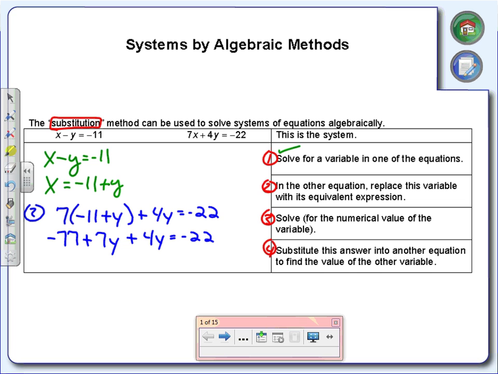Notice we can combine those y's together. If I put a 7y plus 4y together, that gives me how many y's? 11 y's. So I got a negative 77 plus 11y equals negative 22. I'm still solving for y, so I'm going to add 77 over here.